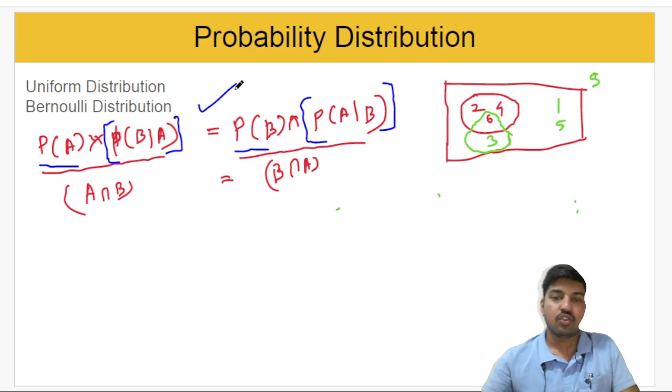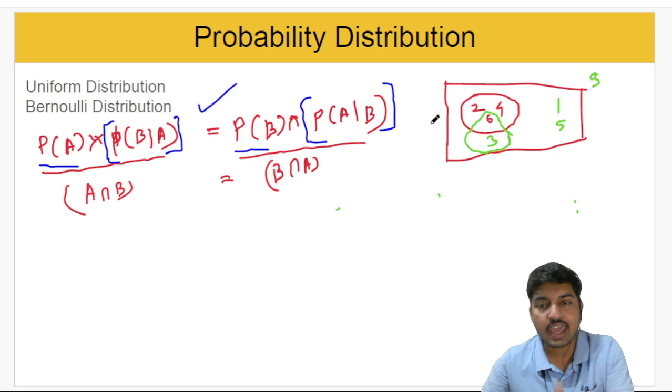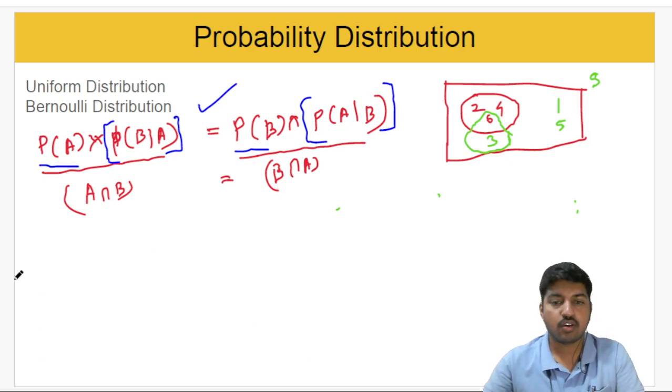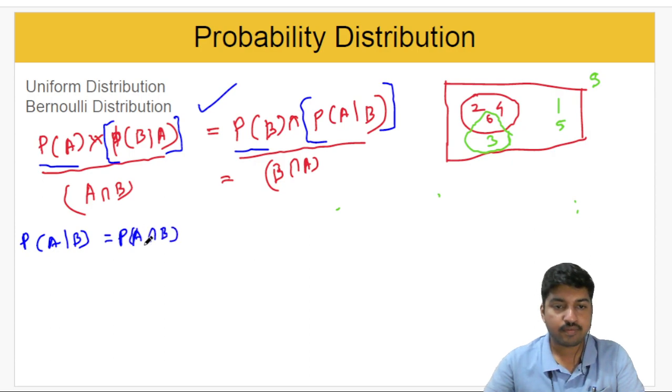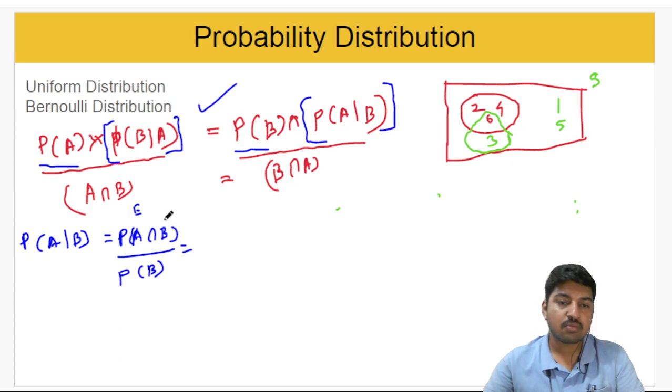This is the rule, but we are checking whether it is correct or not. So we will calculate the probability of A given B first, which is equal to probability of A intersection B divided by probability of B. What is my event A? It is even number. What is my B?